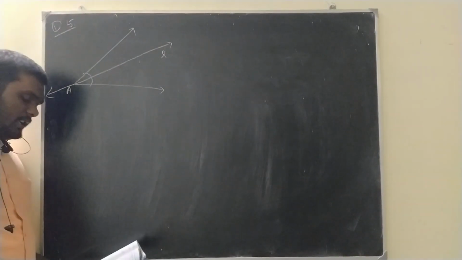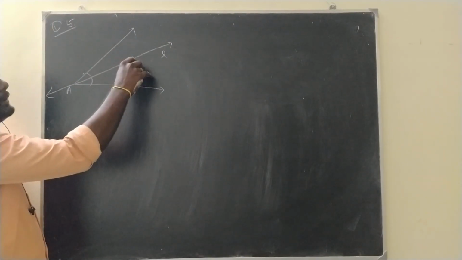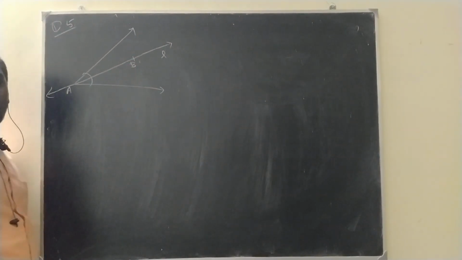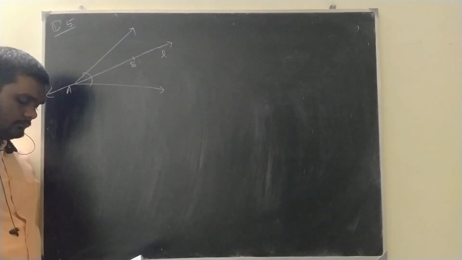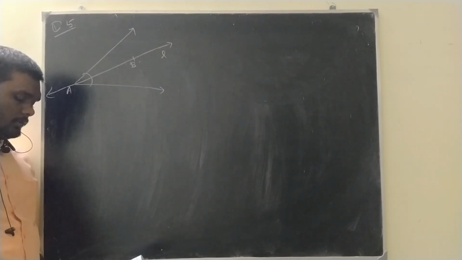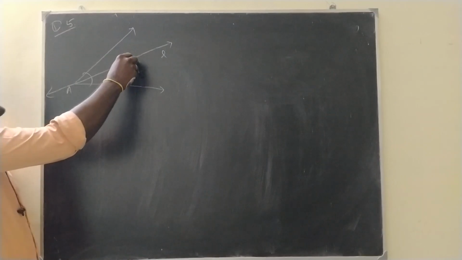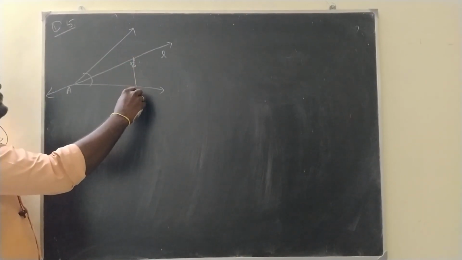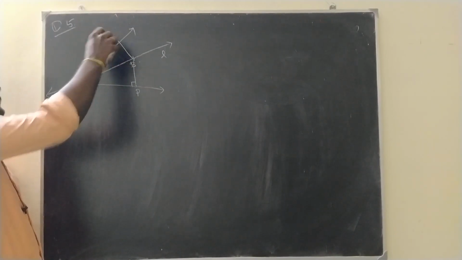And B is any point on L. You can take B here. B is any point on L. BP and BQ are perpendiculars from B to the arms of A. So you can take here BP and here BQ.